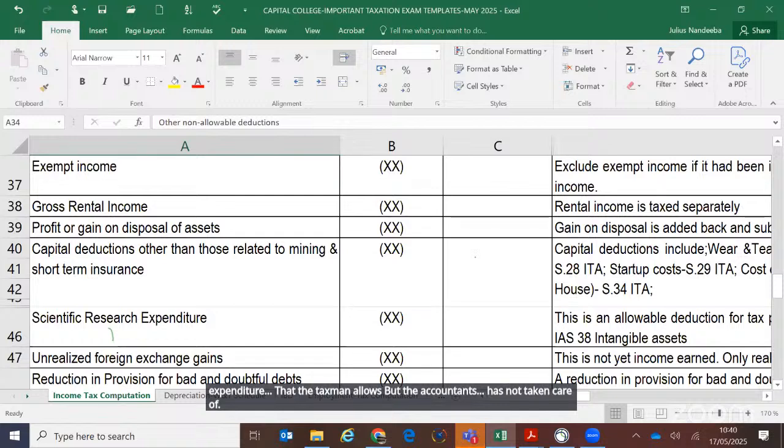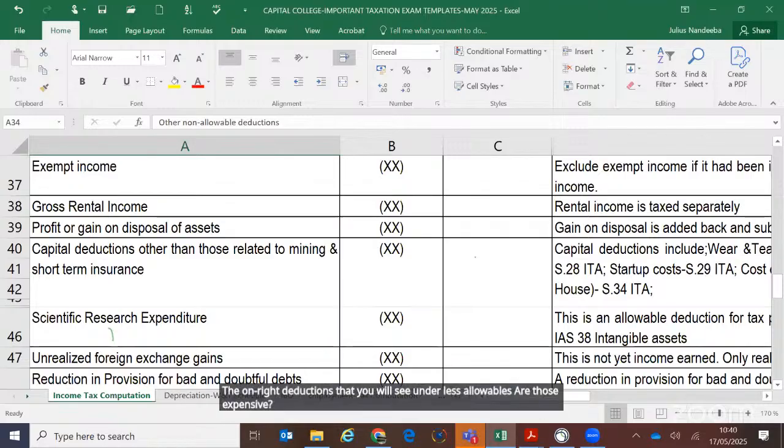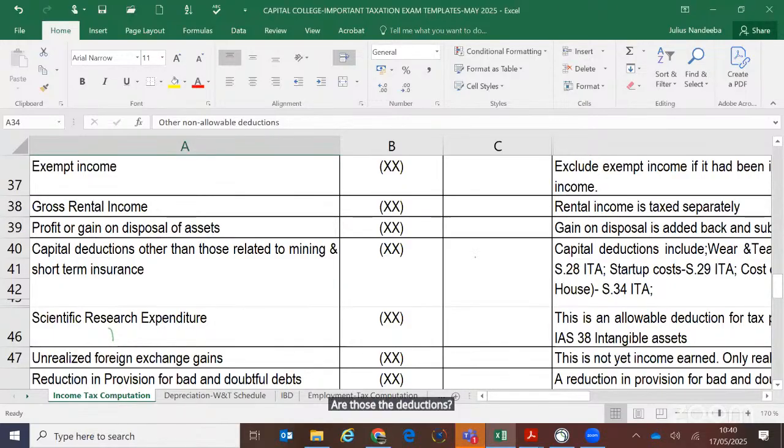So the only deductions that you will see under less allowables are those deductions that are creatures of the tax law, but the accountant did not remove them in the POL.